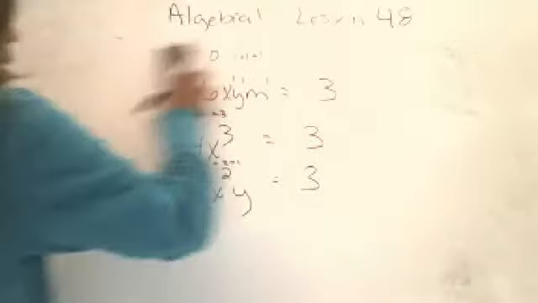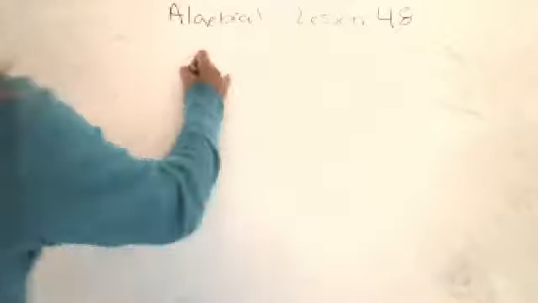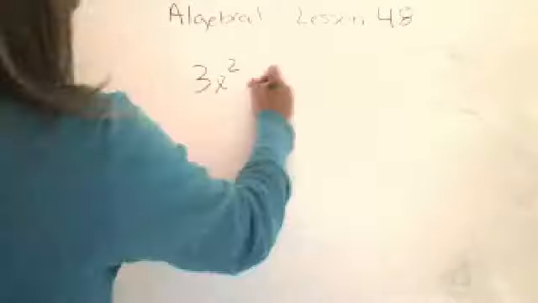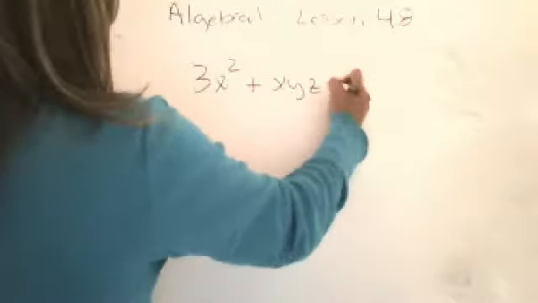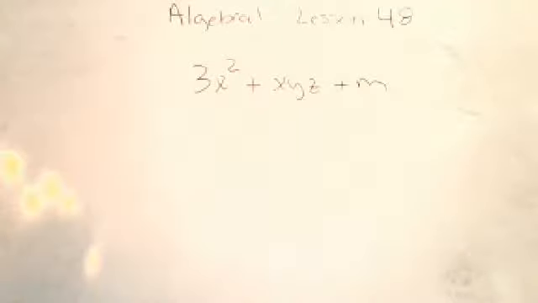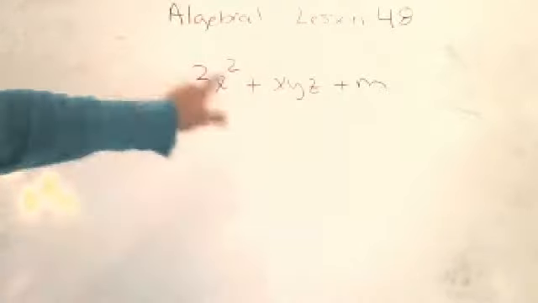So let's look at a trinomial. 3x squared plus xyz plus m. So we said this is a trinomial because it's got three monomials added together. So there's 3 of them, so it's a trinomial.